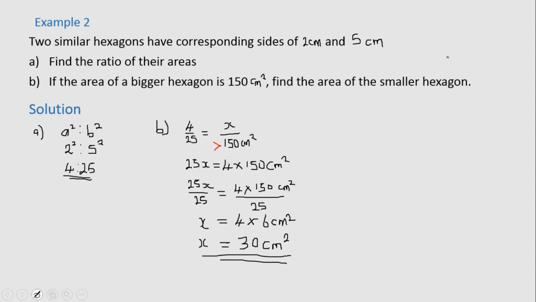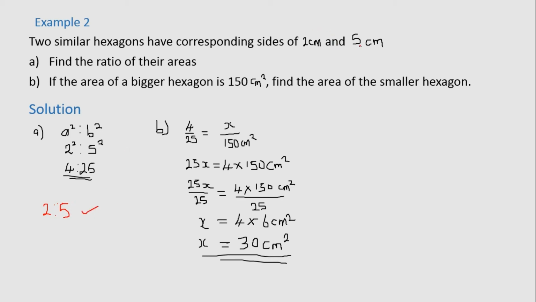If you remember, the first step is to find the ratio of the corresponding sides. Since these are already in their lowest terms, the ratio is just 2 to 5. This is step number 1.